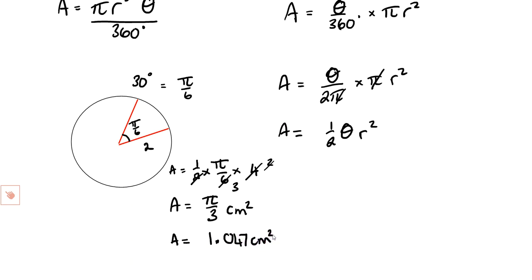Square centimeters. So you said pi over 6 was 30 degrees. Now, why don't you use 30 degrees as 30 centimeters? Just because it's pi divided by 3 doesn't mean it is an angle.